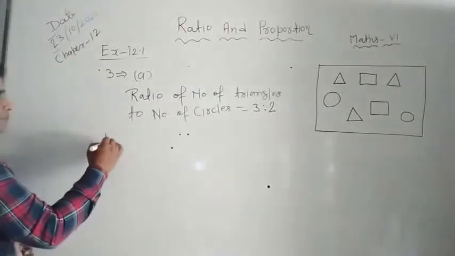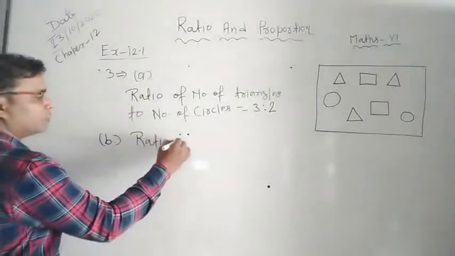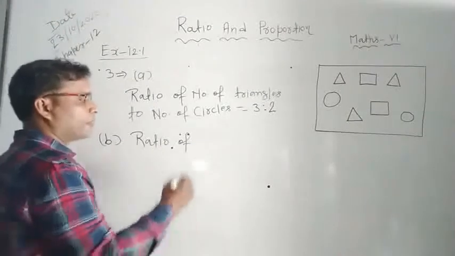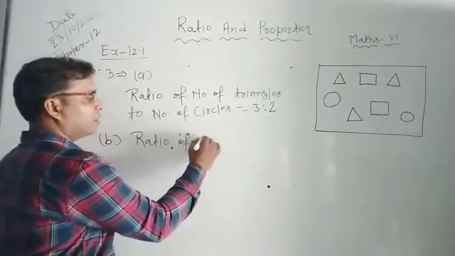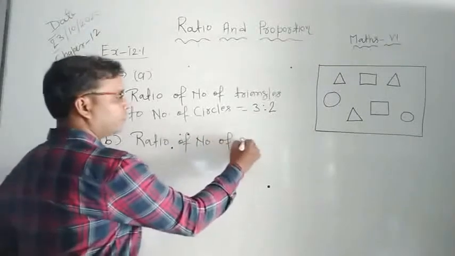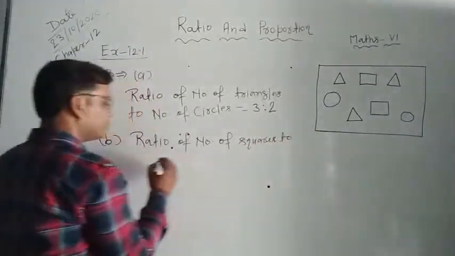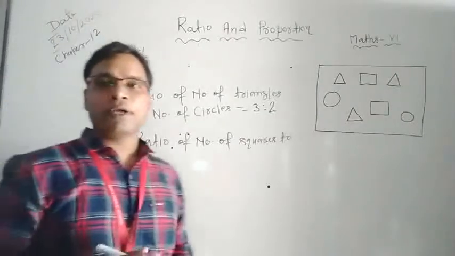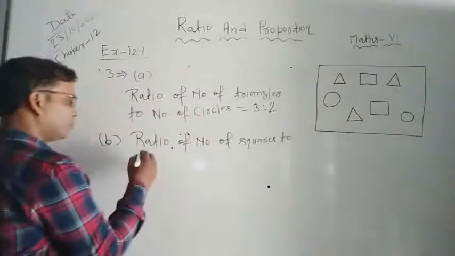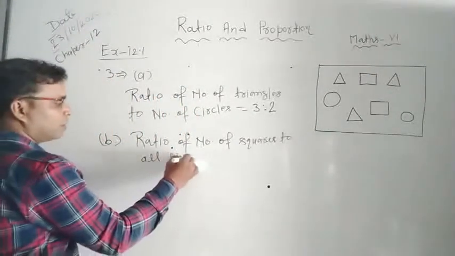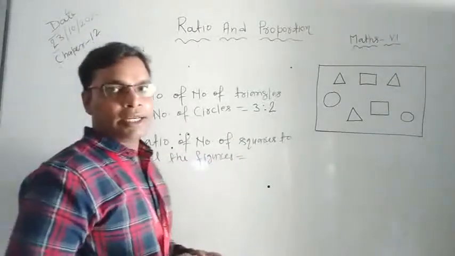So the B part is the ratio of number of squares to all the figures inside the rectangle.